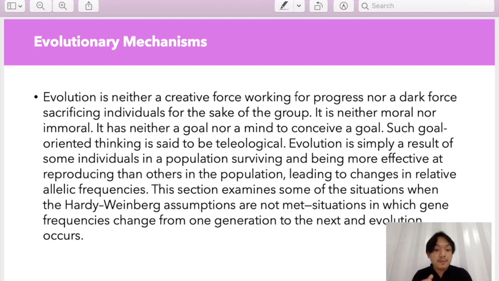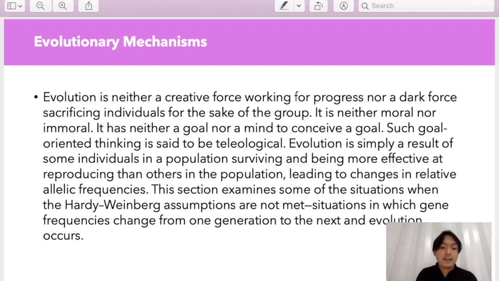So this evolution is simply a result of some individuals in a group surviving and being more effective in hunting and gathering and avoiding the predators and keeping an eye on the prey, etc. If this happens, it will lead to changes in relative allelic frequencies. It means the allelic frequencies will vary.